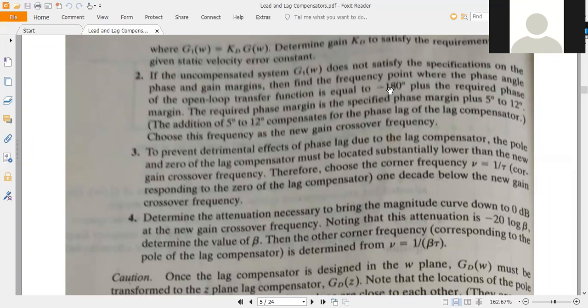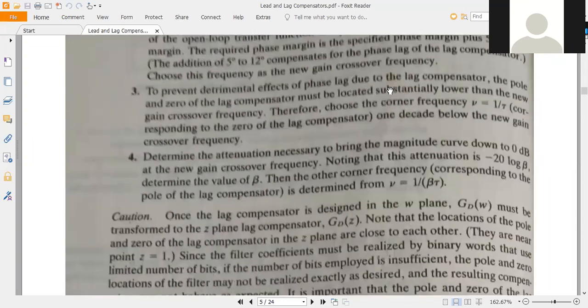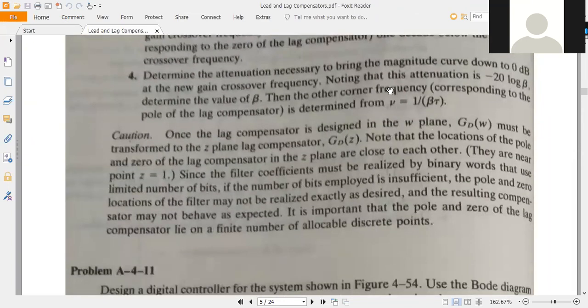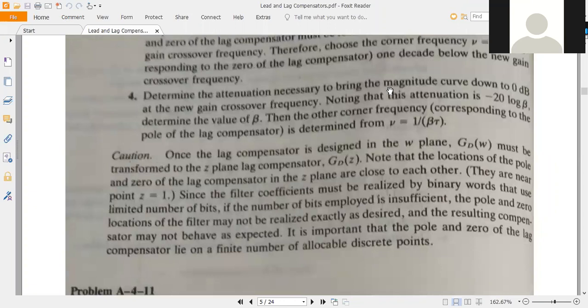Okay. So these are the design procedures regarding the lead and lag compensators.